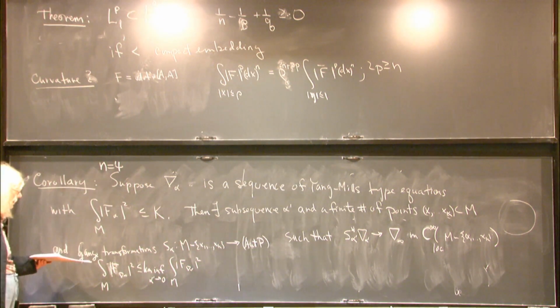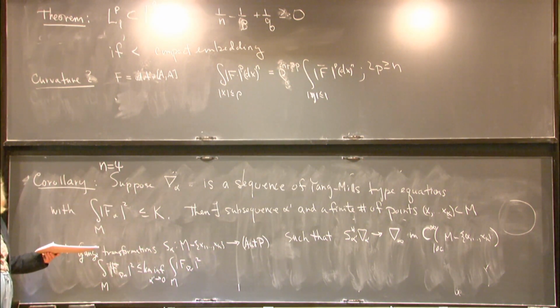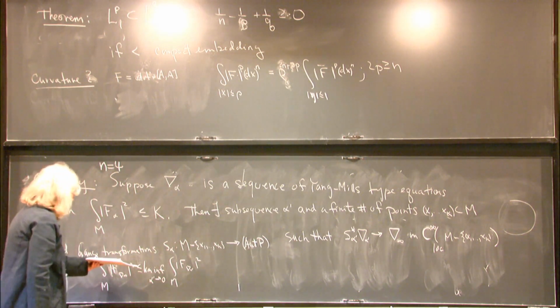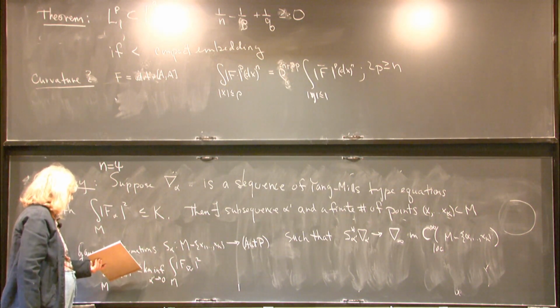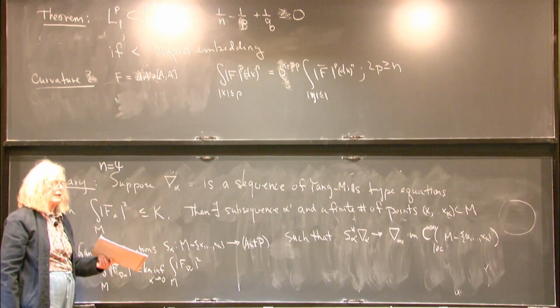And basically, this is the Lebesgue dominated convergence theorem, by the way. And it is really true that this limit can be strictly less.